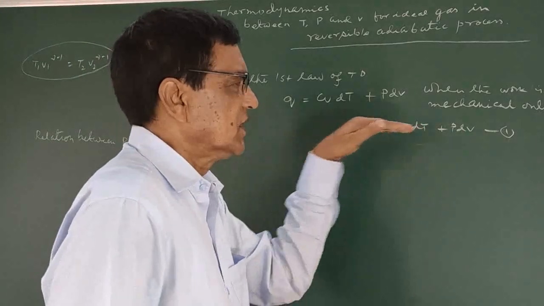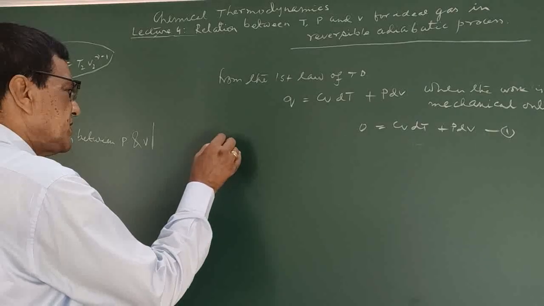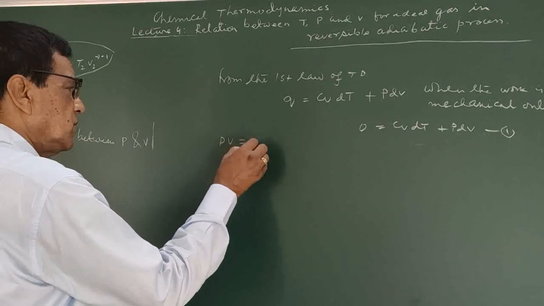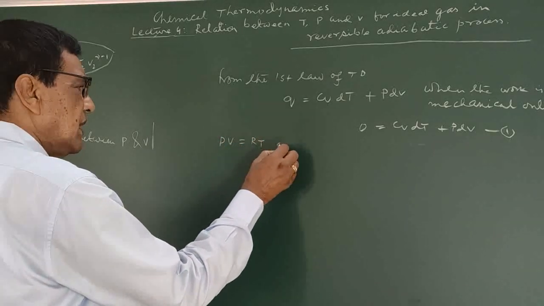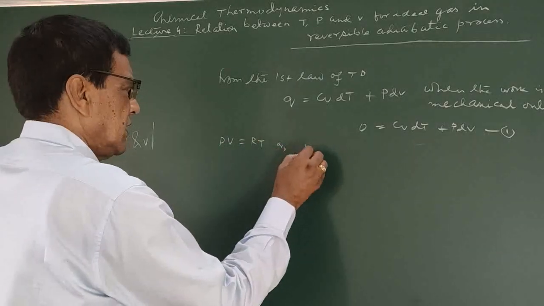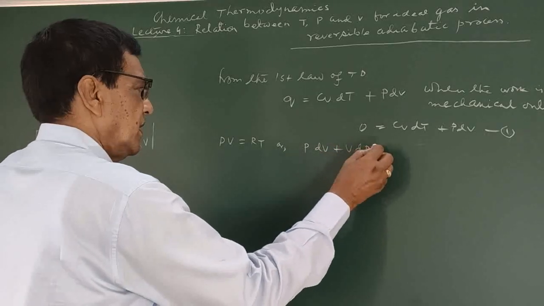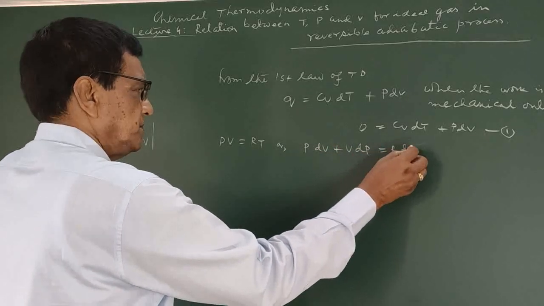This equation must contain pressure and volume terms. So for this, let us take the ideal gas PV equal to RT for 1 mole, or full differentiation: PdV plus VdP equal to RdT.